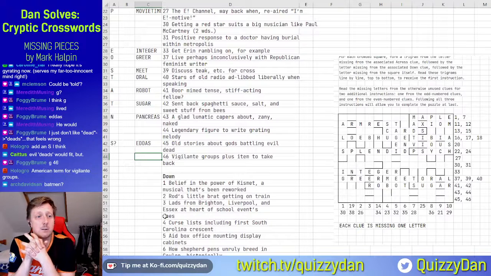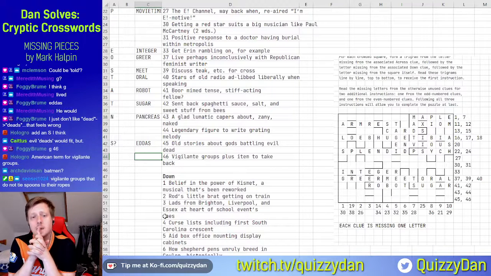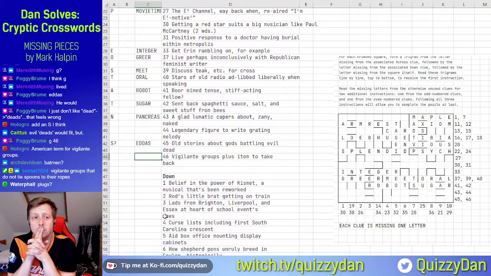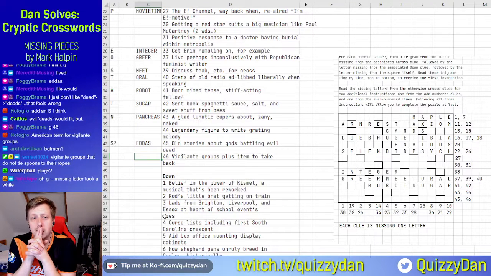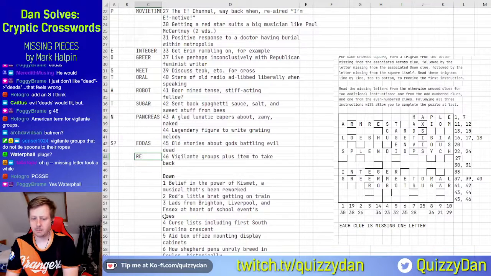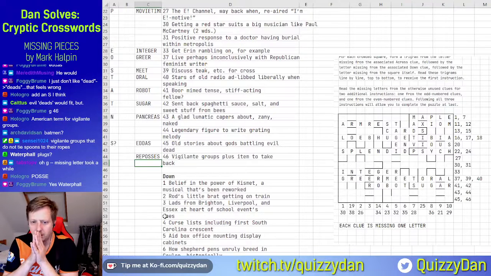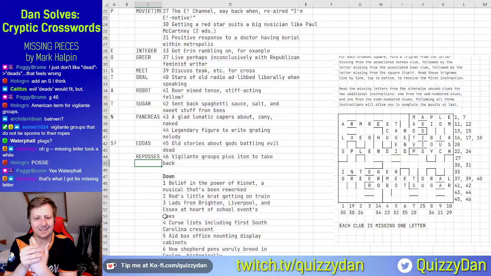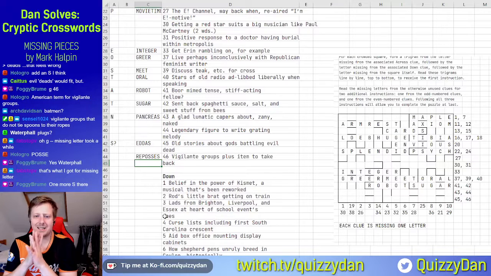Right. What is the American term for a vigilante group, Hologro? Posse. Okay, so it's repossess. Okay, so an item is just res, isn't it? Like in Latin, a thing is a res. So where does the extra?